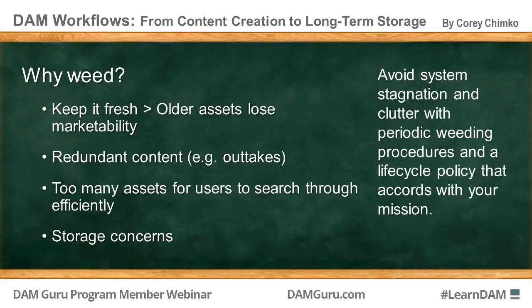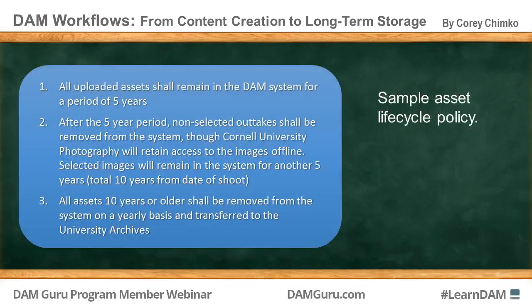So just to give you an example of Cornell's asset lifecycle policy, basically we upload everything into the DAM for a period of 5 years. After that 5-year period, we remove all of the outtakes from our system. The selected images will stay in for another 5 years, which is a total of 10 years. So our best images stay in there for 10 years.